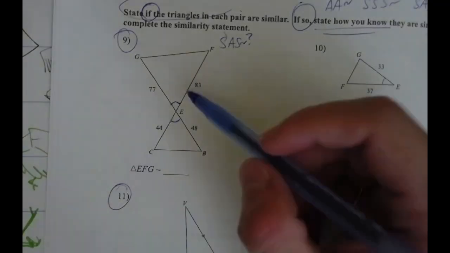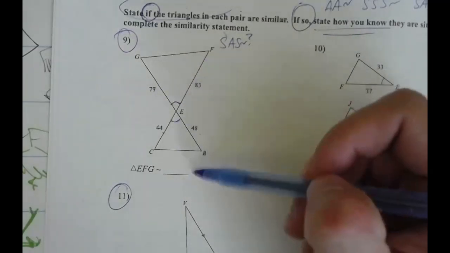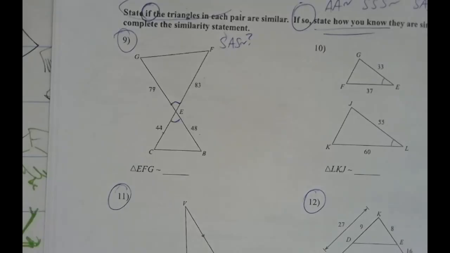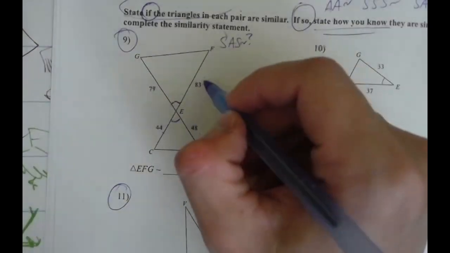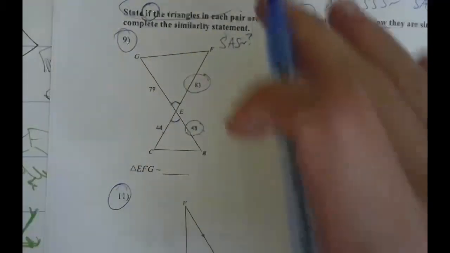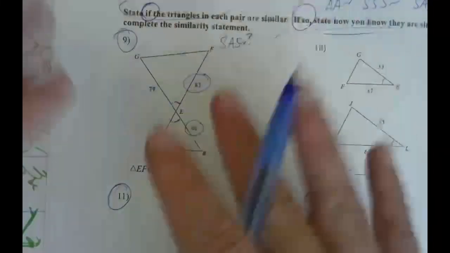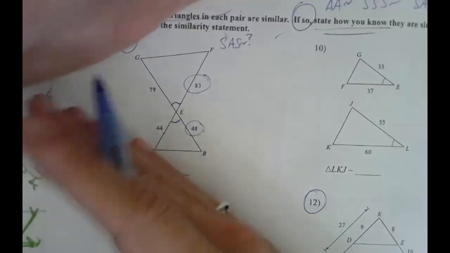So now I need to know, since I'm doing similarity, are these sides proportional to one another? I like to do mine big over big equals small over small. So I see big here, and this side is actually bigger in this case. You can't really tell because the picture is hard, but if you flipped the triangle over, it'd be tilted so that these sides are aiming towards each other.